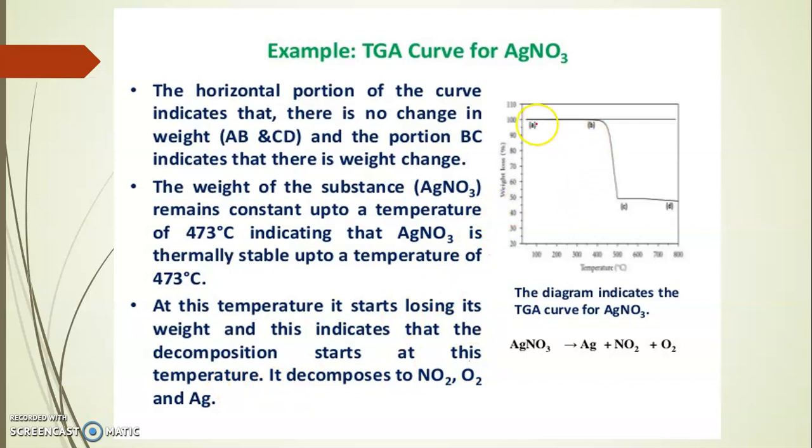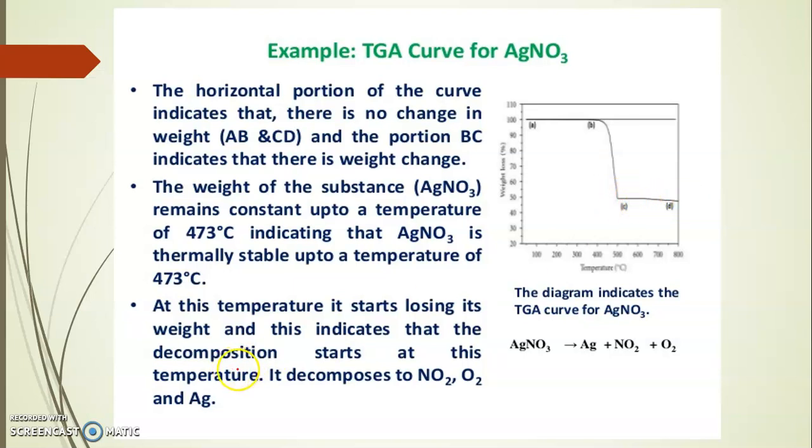So from A to B, it is constant up to 473 degrees Celsius. Then some weight loss occurs when we increase the temperature. After that, from 500 degrees Celsius to 800 degrees Celsius, from C to D, again a linear, constant line is present.